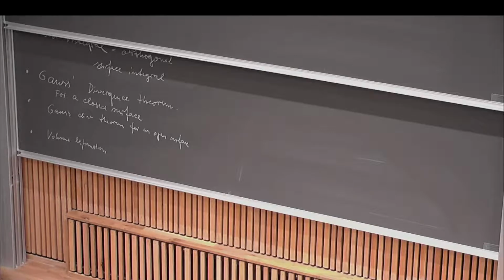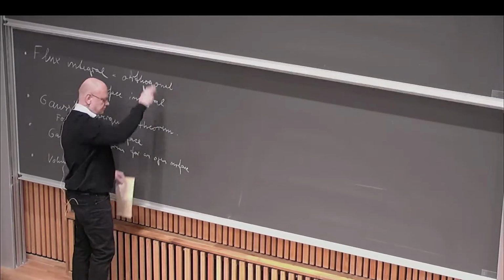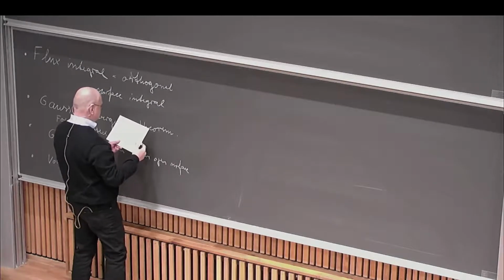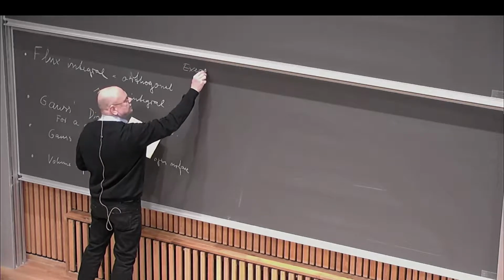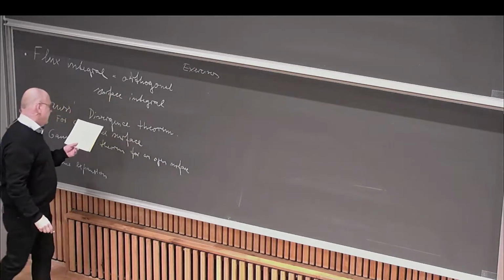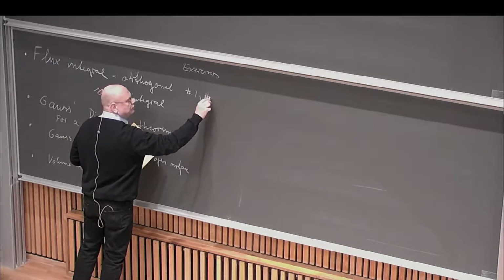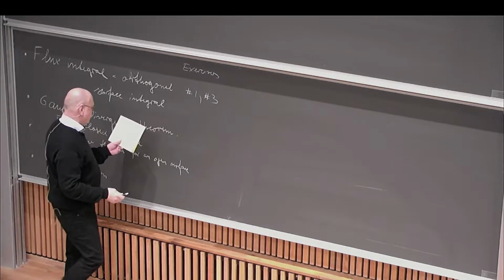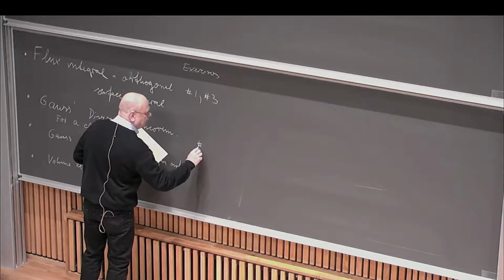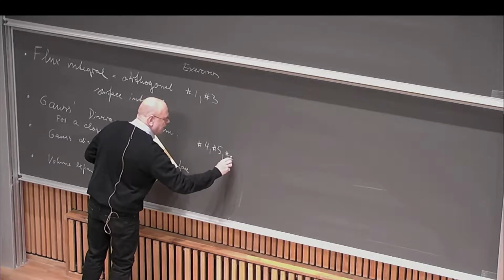And if you look at the exercises this afternoon, if I write here, exercises, then exercise 1 and 3 is about the flux integral. And then the divergence theorem, it's number 4, 5, and 6.